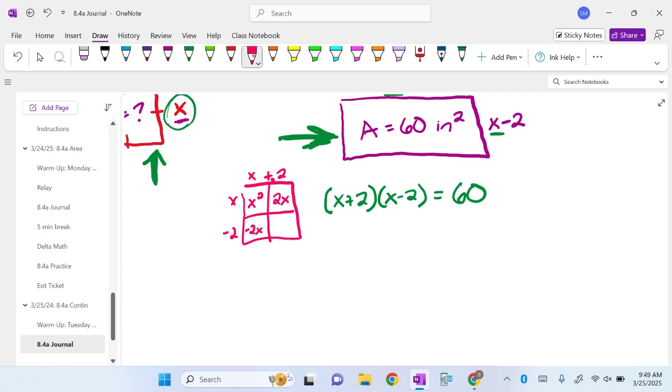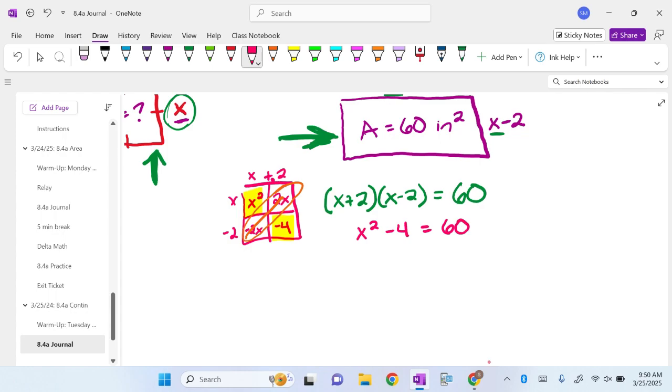Negative 2 times 2, negative 4. Now, when we end up combining like terms, what happens to our two x values? They cancel out. They'll become 0. So the only parts that we care about are the x squared and the negative 4. So this would be x squared minus 4 is equal to 60.